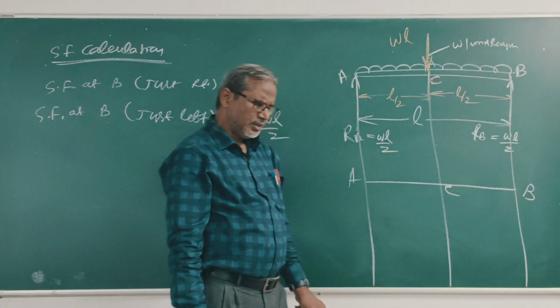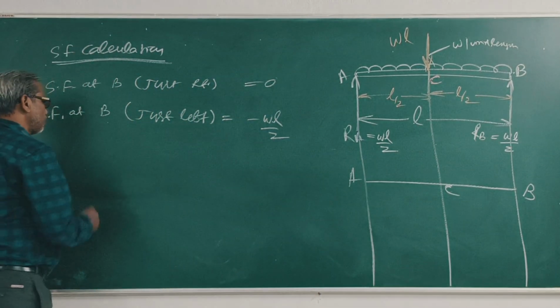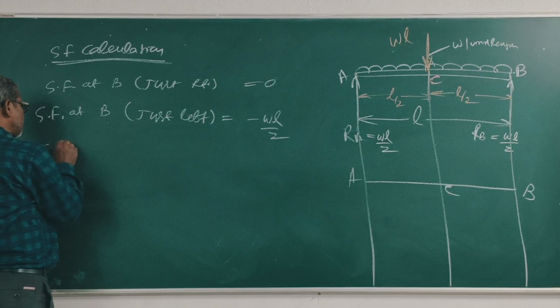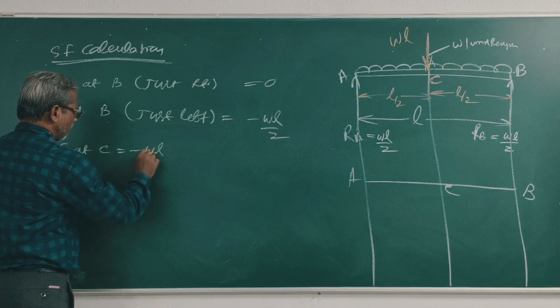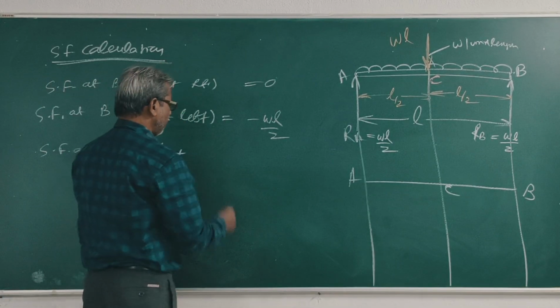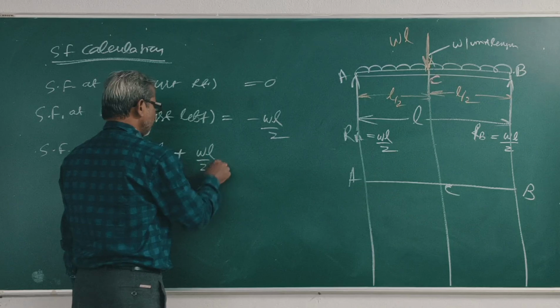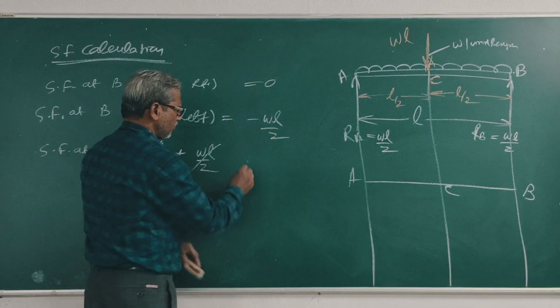Now at point C, shear force at C is equal to minus wL by 2 plus wL by 2, which is 0.